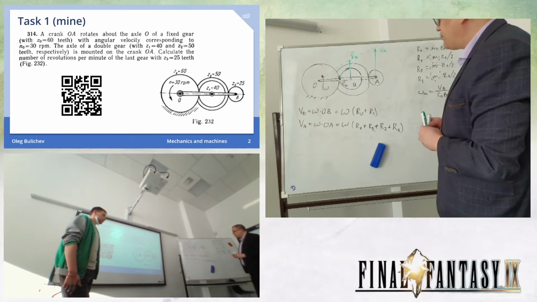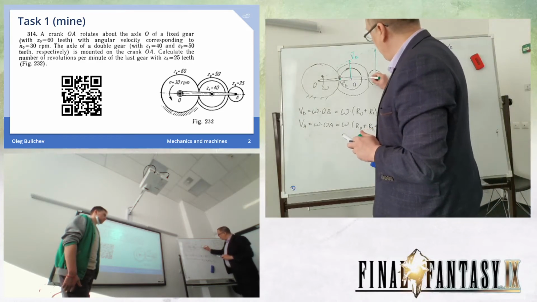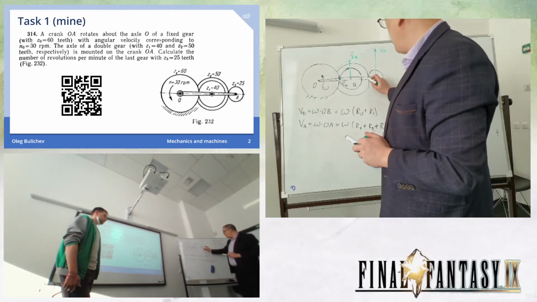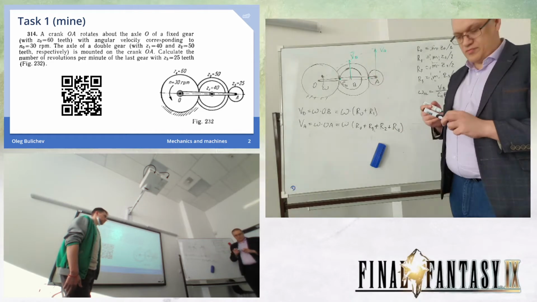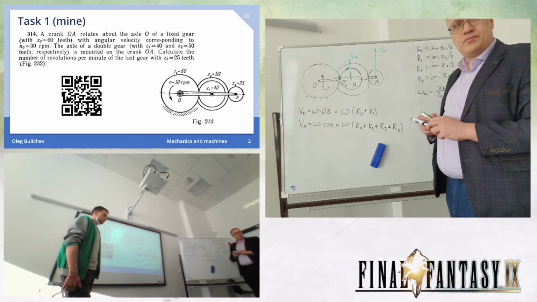Then we can find the velocity of this point. How can we find it? Relative to C12, the velocity of C12 plus.